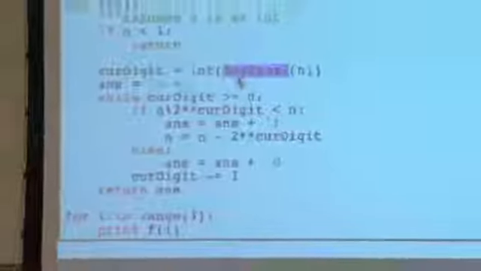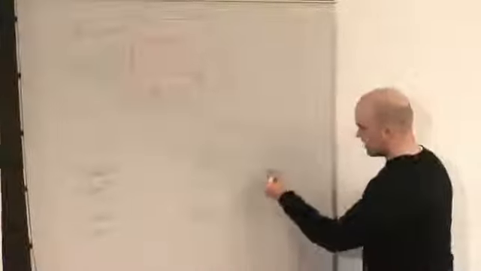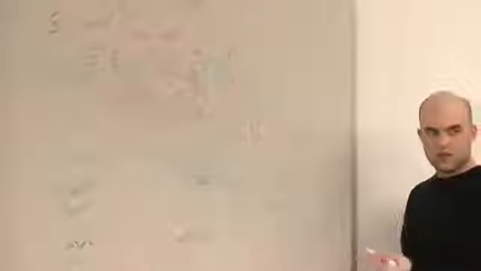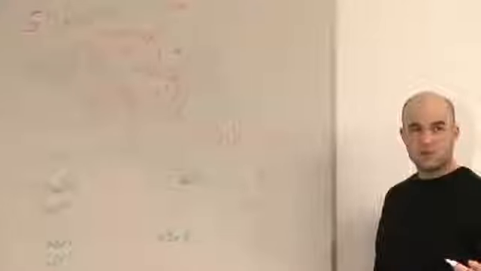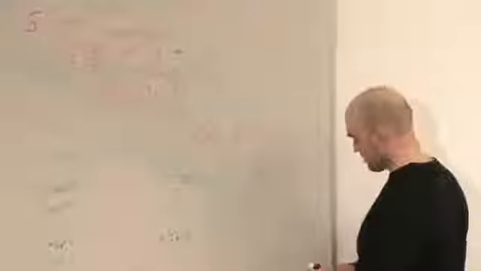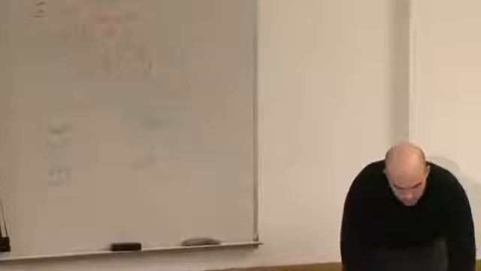So think of it as, if I have 3, which in binary is 1, 1, and I take log base 2 of this, then my cur digit is going to be 1, I believe. I'm not sure what Python's going to round to.